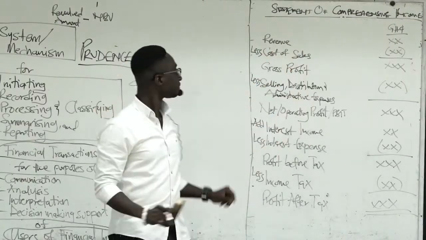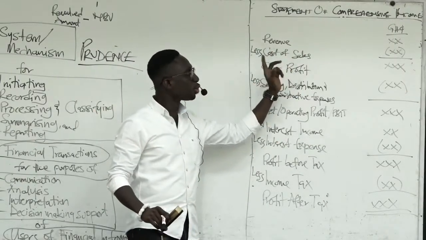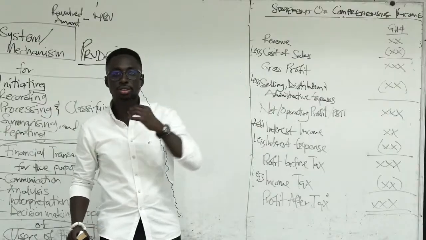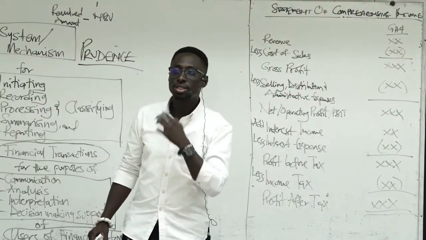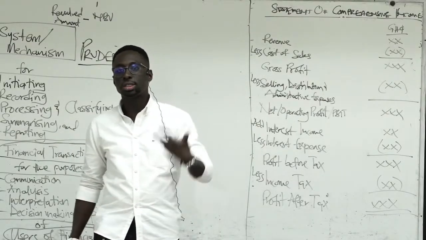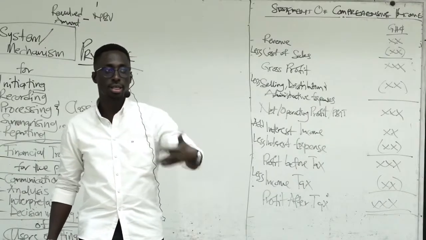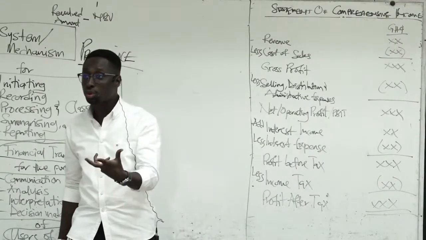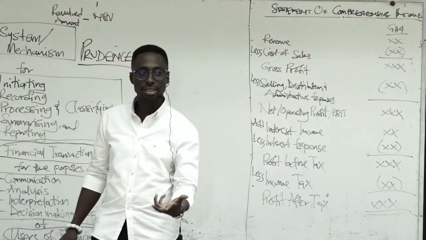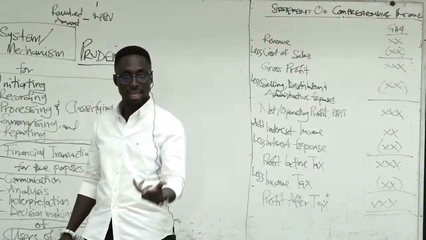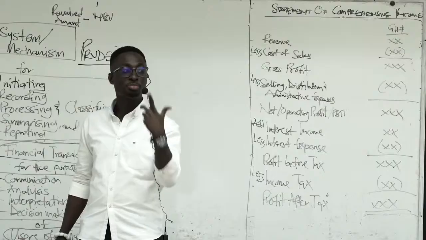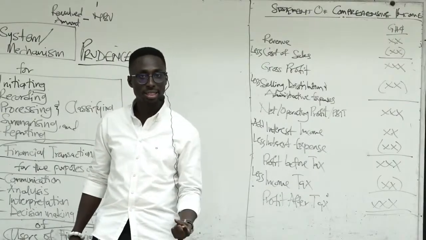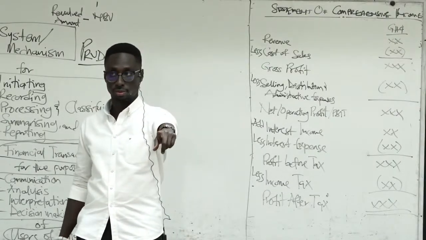Good. Then we have what we call cost of sales. Other renditions will say cost of goods sold. The cost of goods sold are the direct expenses incurred in respect of making a sale.